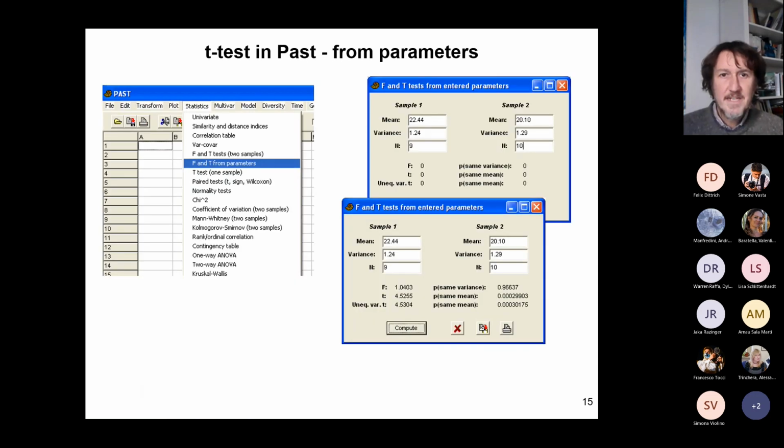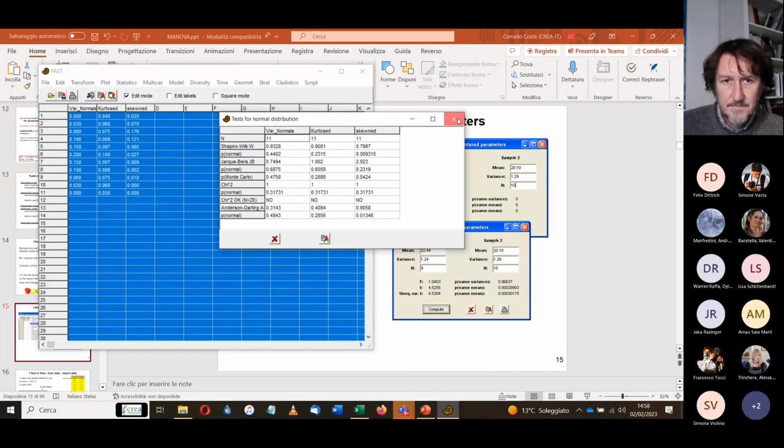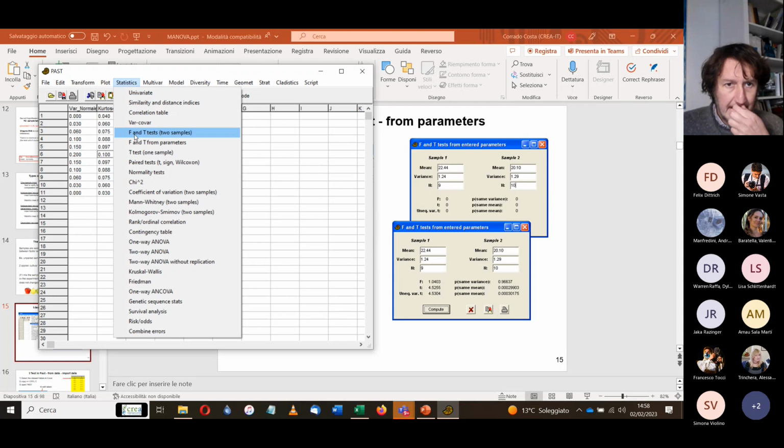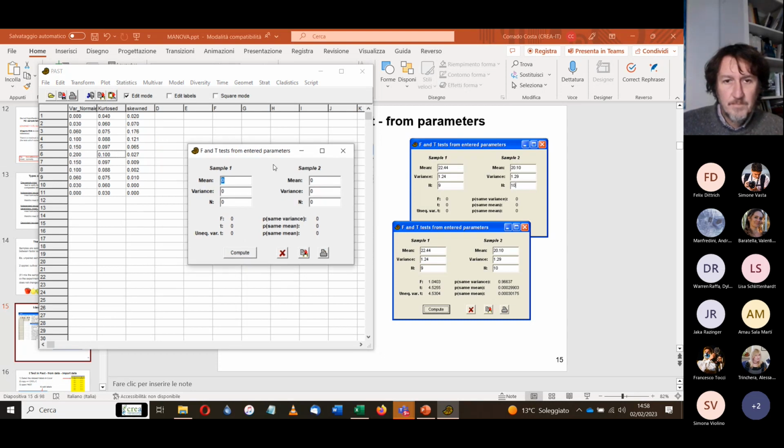Let's start with the t-test from parameters. Okay, so let's go in PAST. With the parameters, we don't need real data here. We go to Statistics, F and T from parameters. And here we have to put the values of mean, variance, and number of samples.